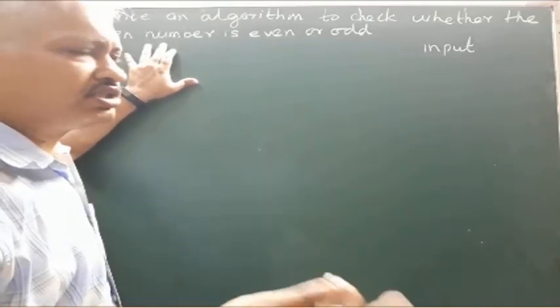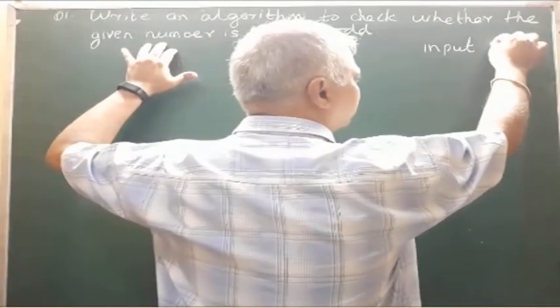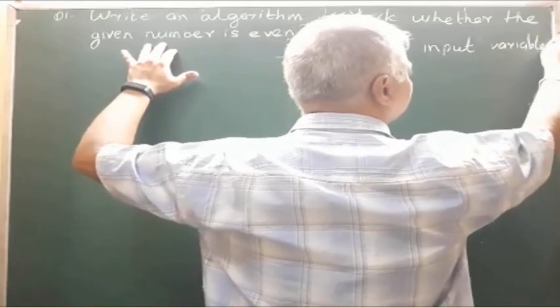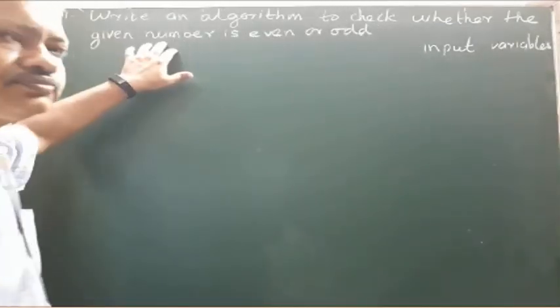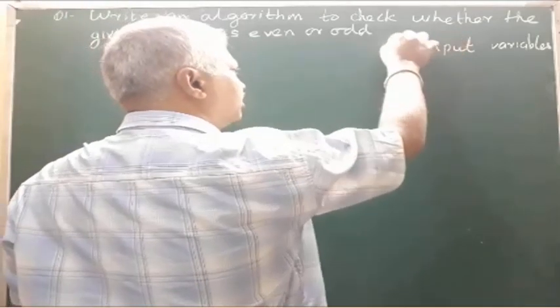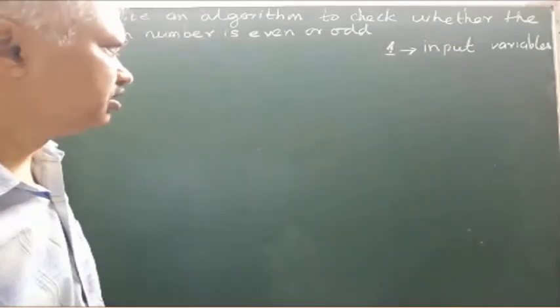Since the number is not given, we will take a variable instead of it. You have to find the input variables. This is very important. This should be your first step.